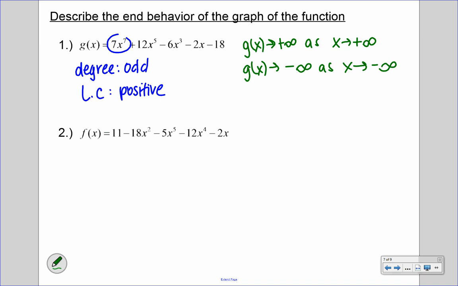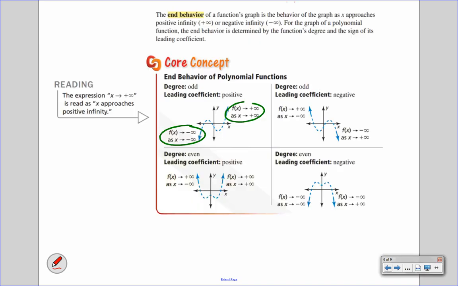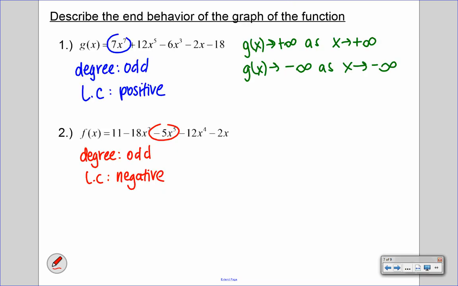So if we look at number 2, the highest degree is 5, so our degree is odd, and our leading coefficient is negative. So we're going to look for odd and negative. So it's going to be these two pieces of information, and we're going to write them down. So let's start off with f of x, because we have an f.